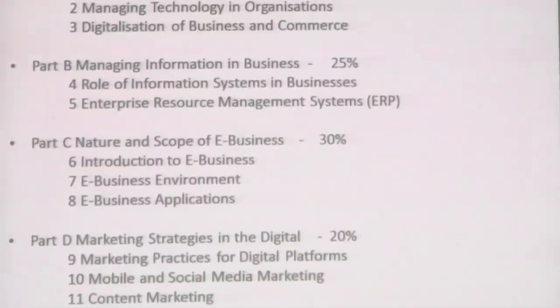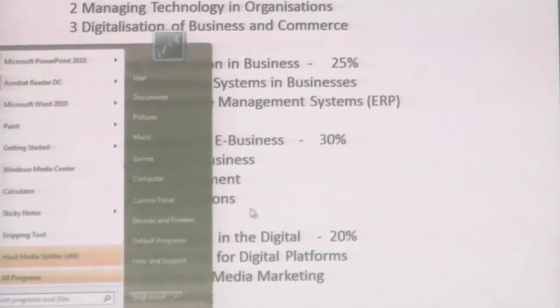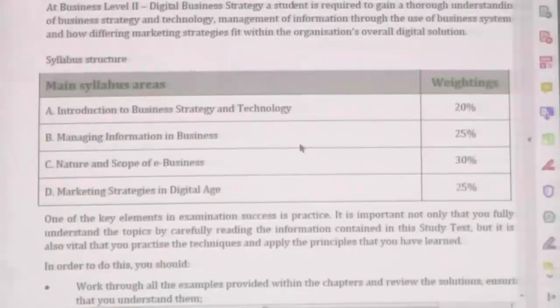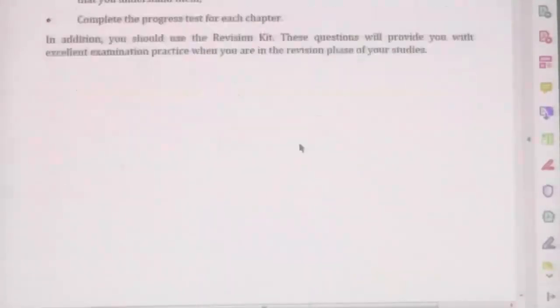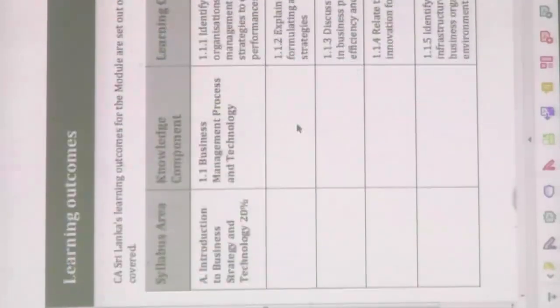Before we talk about the subject, I would like to tell you about something in the syllabus that most students do not pay attention to: the content described as learning outcomes.